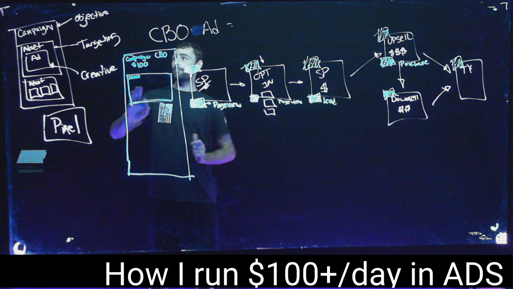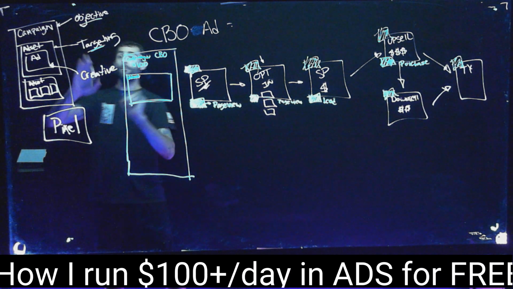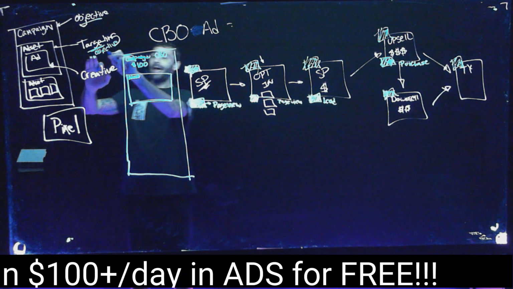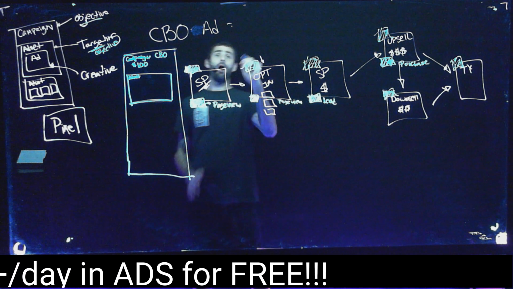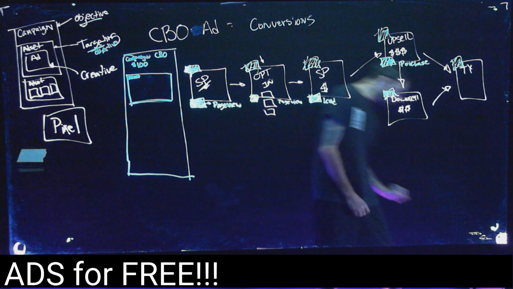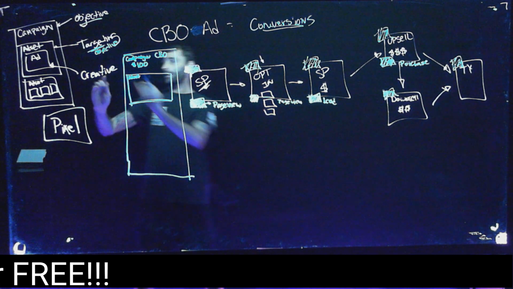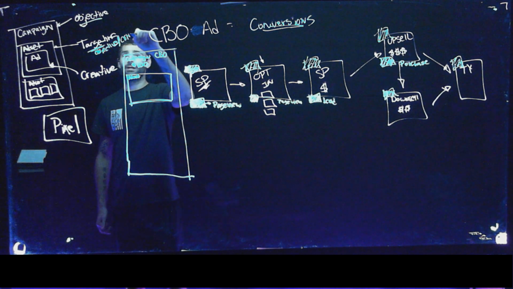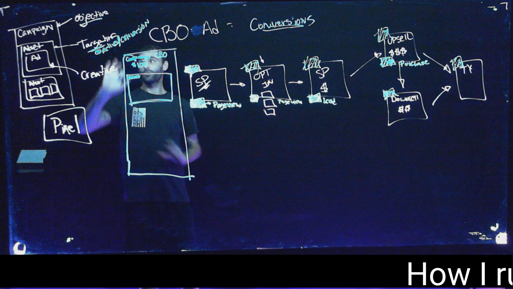Okay. And remember, now here I have an objective. Over here I have targeting, but over here I also get to add an objective. And what that means is I get to add an objective over here if I run a campaign budget optimized ad and I also pick conversions. So as long as I also pick conversions for the objective that I want, then whenever I come over here to the ad set, I'm going to get to pick the objective, or you can say the conversion that I want to measure and I'm trying to achieve with this particular ad set.